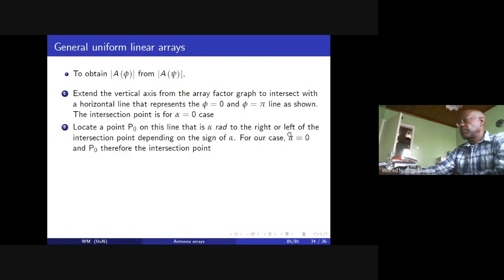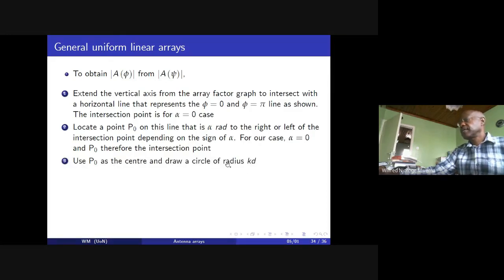So for the case of alpha equal to 0, P0 will be the intersection point in this particular case. So we use P0 as the center, and we draw a circle of radius equal to kd, that is the electrical length of the separation.